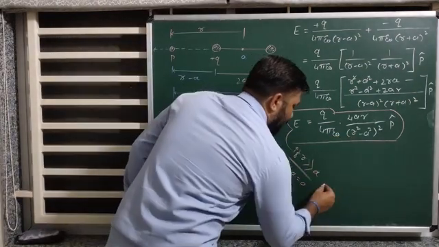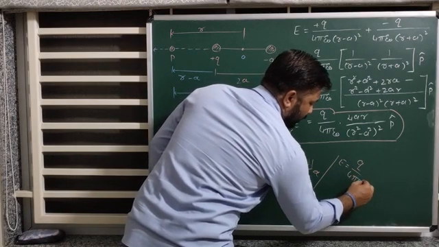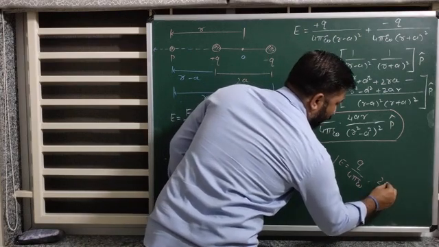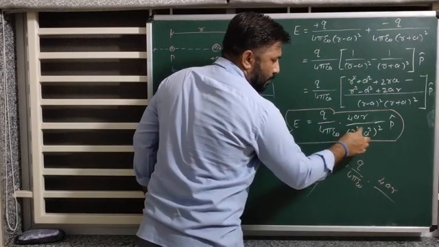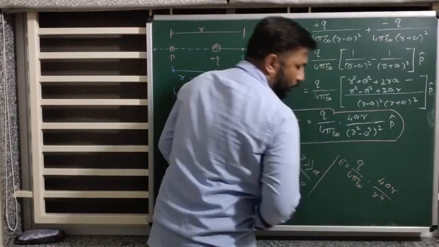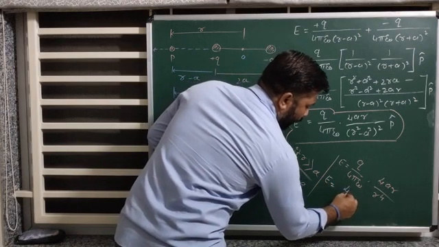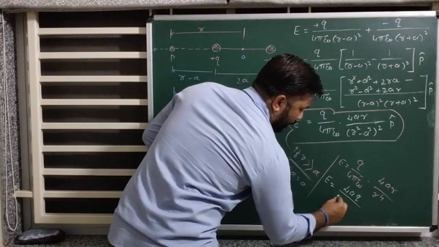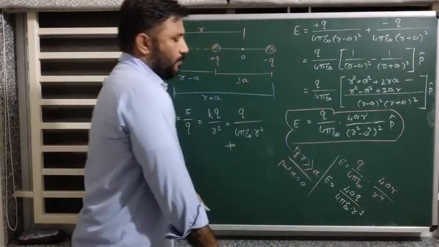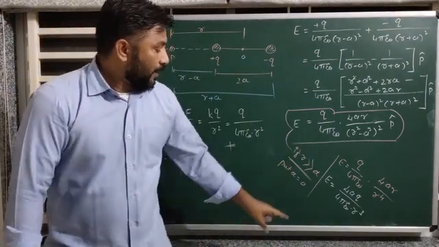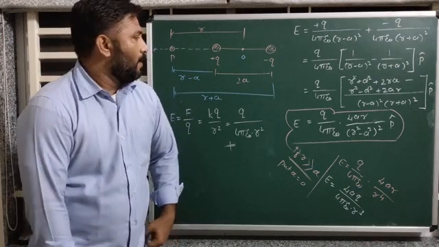You will get E is equal to q by 4 pi epsilon 0 multiplied by 4ar, with a equal to 0, over (r square) whole square, that is r raised to 4. One r will be cancelled out and you will get the result E is equal to 4aq upon 4 pi epsilon 0 multiplied by r cube. Clear? This equation shows that electric field is inversely proportional to the cube of the distance, right?